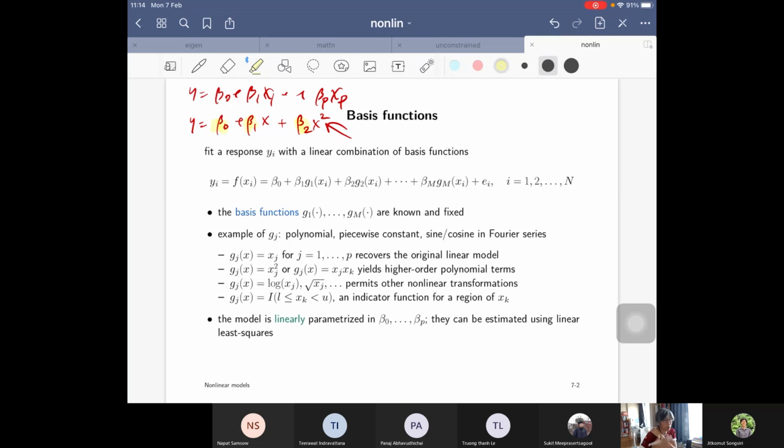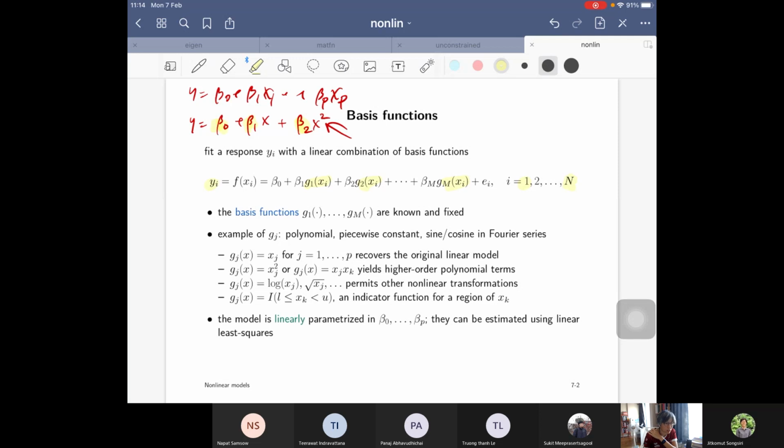All right. So from that, we can extend this concept where your function f is a linear combination of basis functions, denoted by the function g. Here, the index i means that this is the response of sample i. You have data of big N samples.